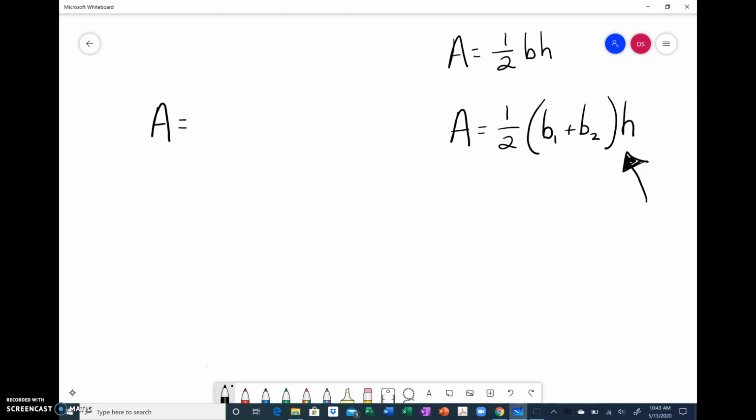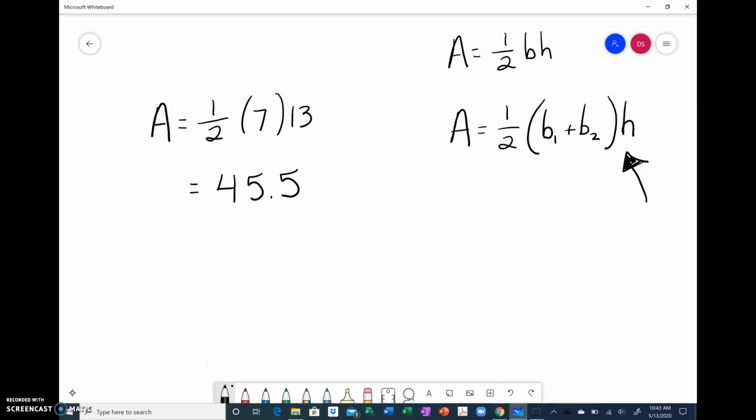Area equals 1/2, and number 1 tells us the base is 7 times a height of 13. And so when I plug all of that in to my calculator, or if you want to do the multiplication, you can, but I'm not going to spell it all out here for you because I don't want to waste the time on my video. You should come up with 45.5.